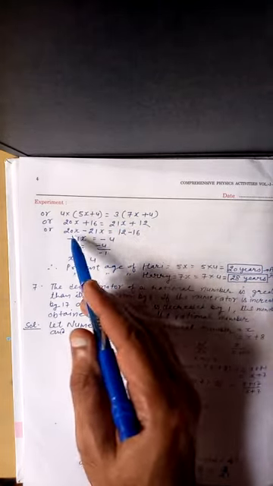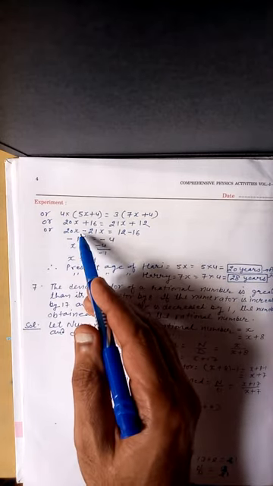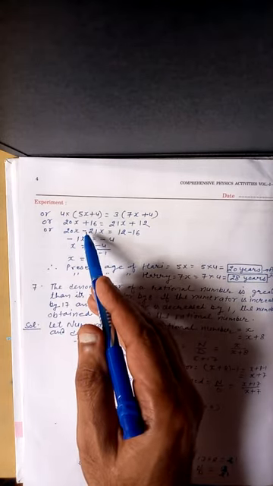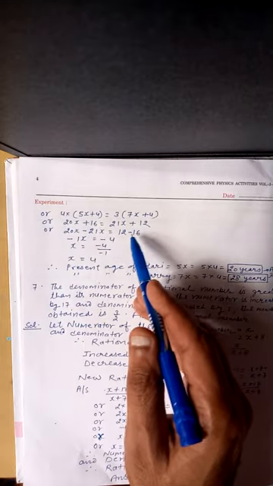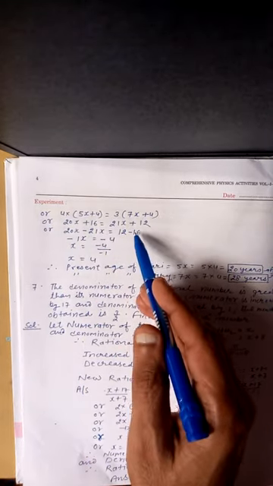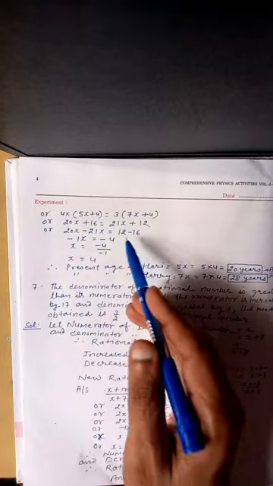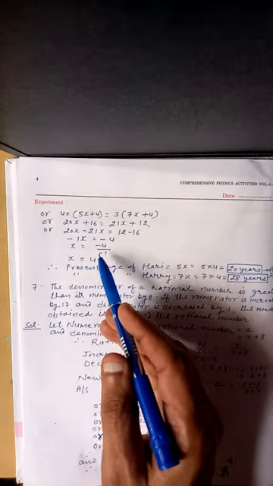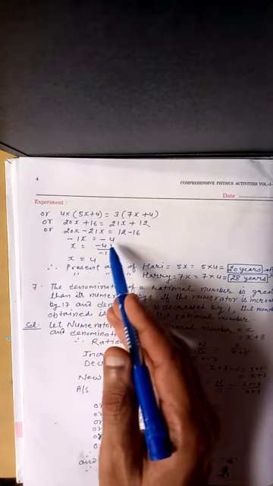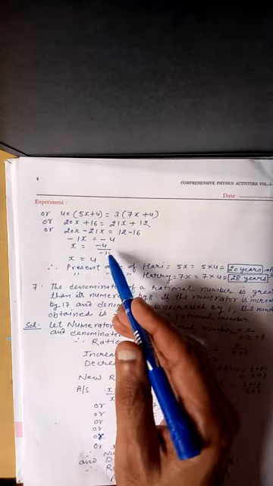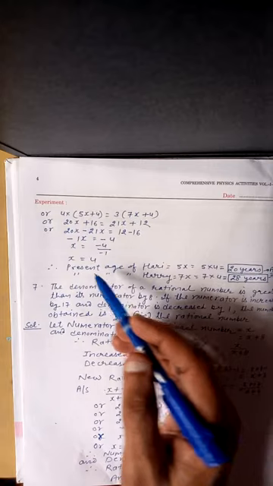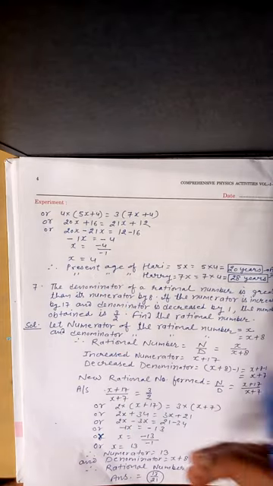Now 20x and 21x will be brought to the left hand side with minus, 12 and 16 will be brought with minus. 20x minus 21x is minus 1x, 12 minus 16 is minus 4. x is equal to minus 4 divided by minus 1, minus minus cancel, x is equal to 4.